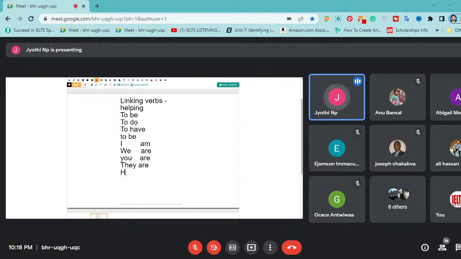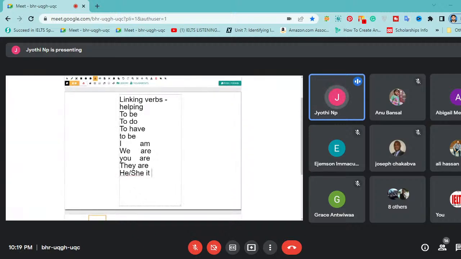Then singular he, she, and it, we use is. This is in the present tense. But if we want to use the same in the past tense, then for the singular we use was. We, you, and they, we use were. Then again, he, she, and it, we use was.